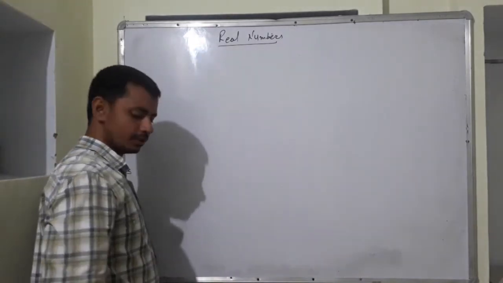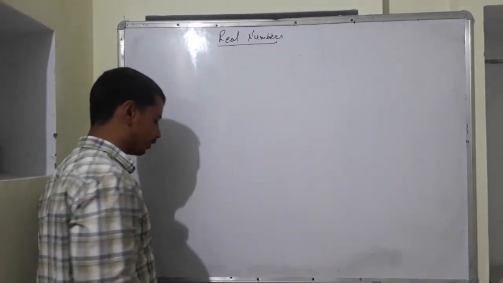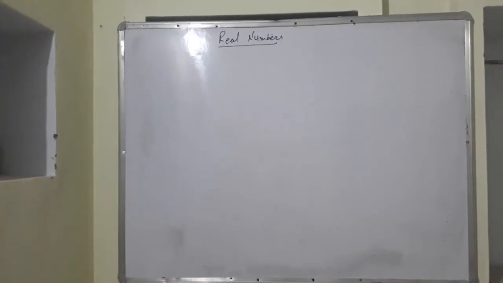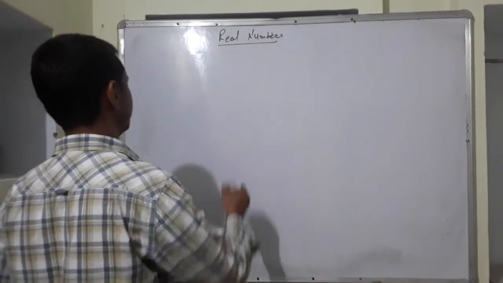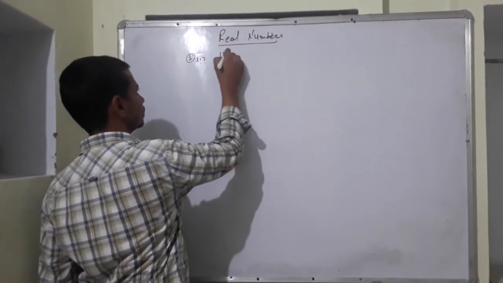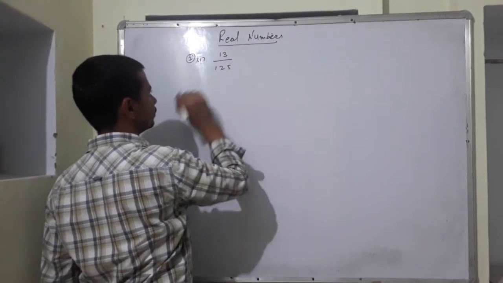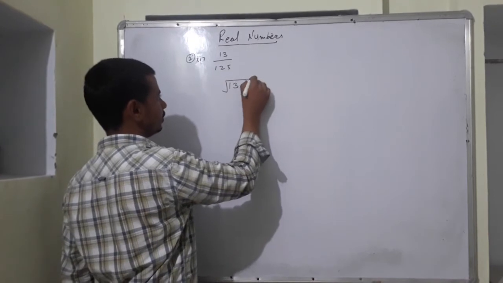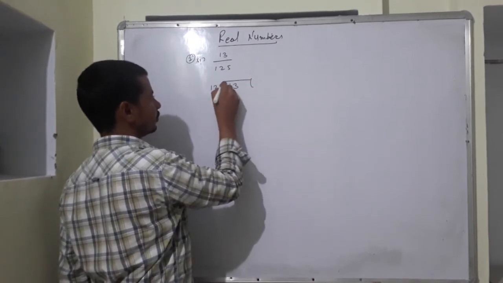So the first part in second question is 13 upon 125, and divide 13 by 125.